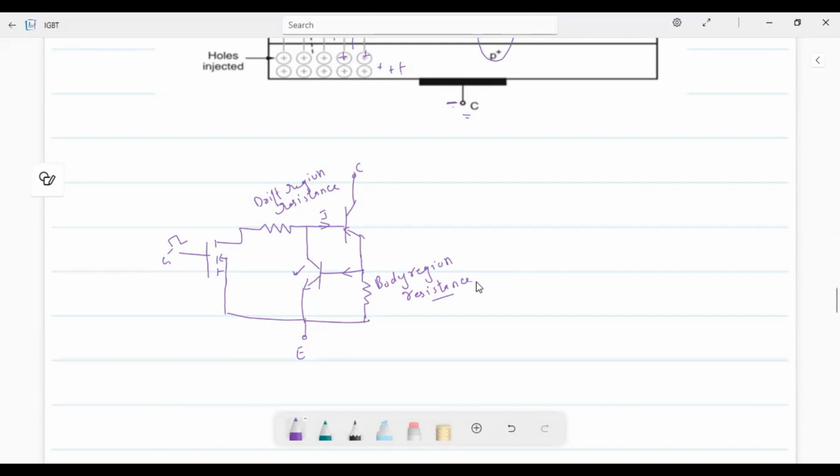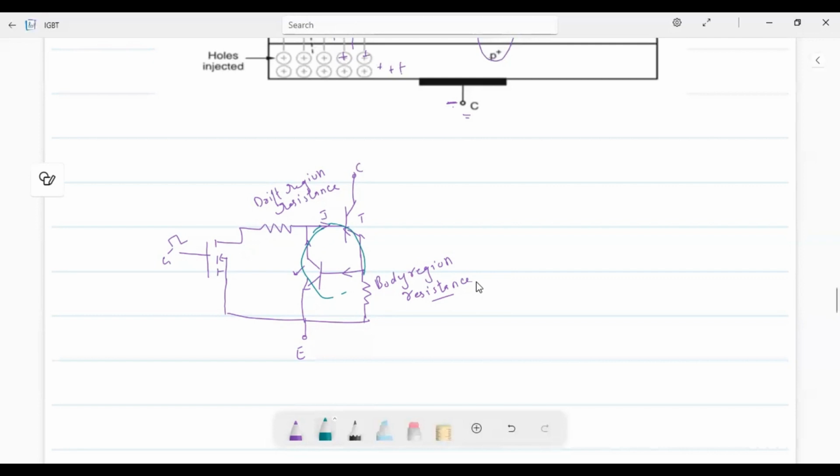Again the collector current of this NPN transistor will be more. It will supply to the base of this transistor. So once you give a small gate pulse, your IGBT will continue to be in the working position. That means continuously the current will be flowing in this loop and the device will be on even if you are removing the gate supply.